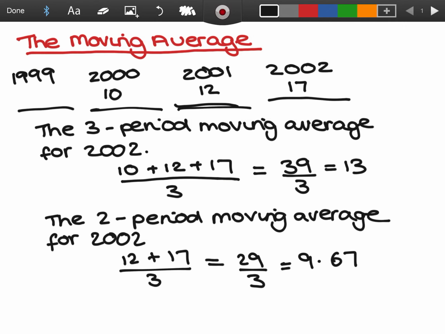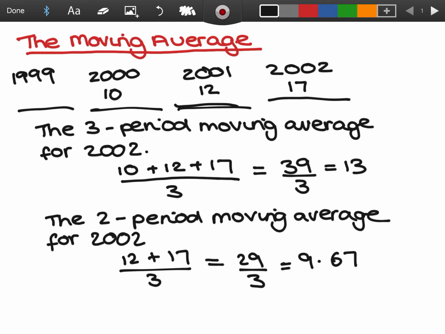The smaller the period that you're looking over, so if we're looking at a 2 or 3 period moving average, it will be closer to the average for that particular year that they are asking for, as opposed to if you look over many, many years. It's more likely to fluctuate if you're looking over a longer period of time. Let's say I wanted a 10-period moving average for 2002.